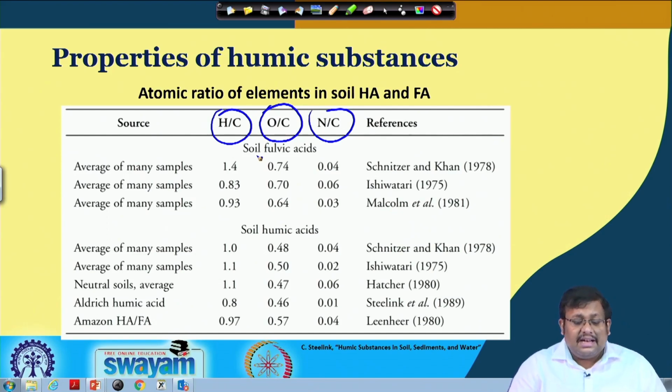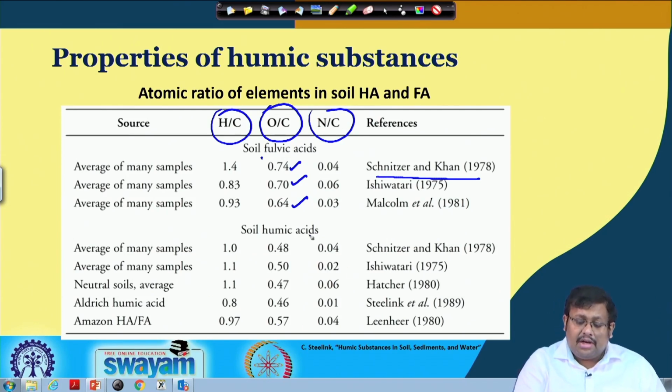In soil fulvic acid, the OC ratio is quite higher. Schnitzer and Khan calculated this value as 0.74, Ishiwatari calculated 0.70, and Malcolm calculated 0.64.